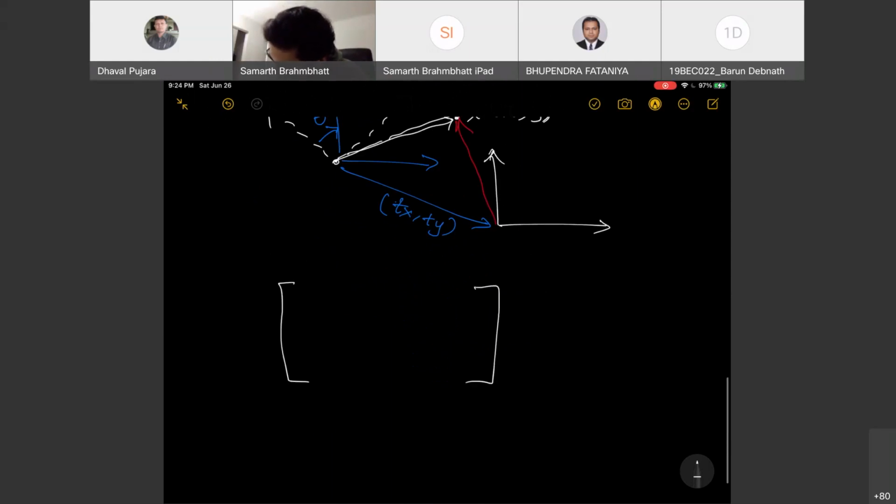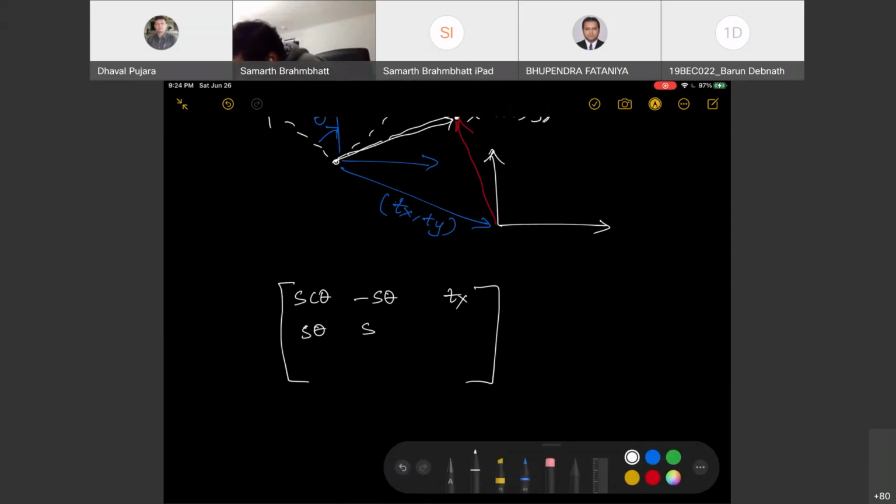Similarly, you can have a scaling factor, where actually maybe I shouldn't write S because it gets repetitive.